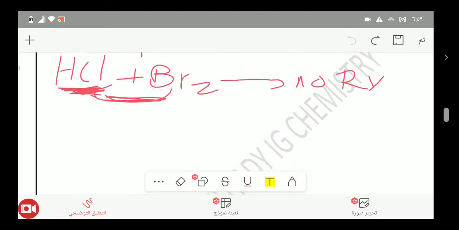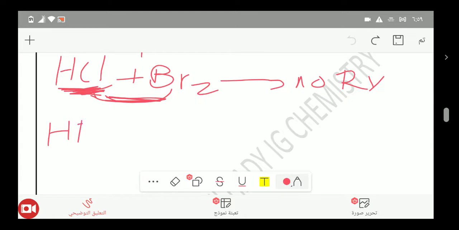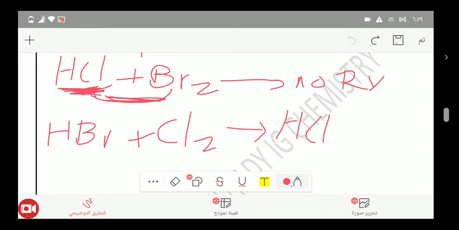chlorine. But in contrast, if we have hydrogen bromide reacting with chlorine, hydrogen chloride is formed plus bromine gas. Let's balance the reaction.